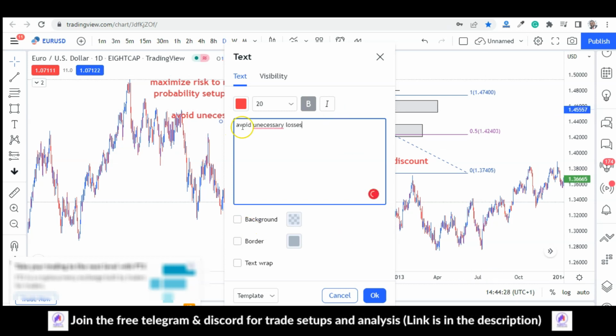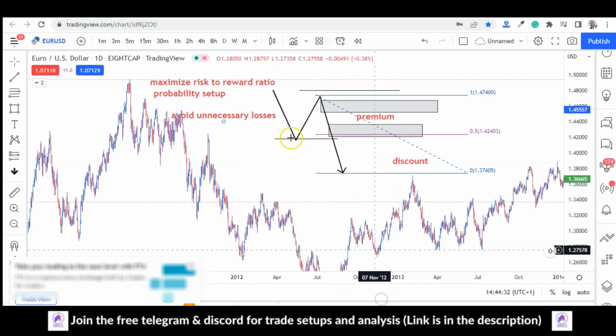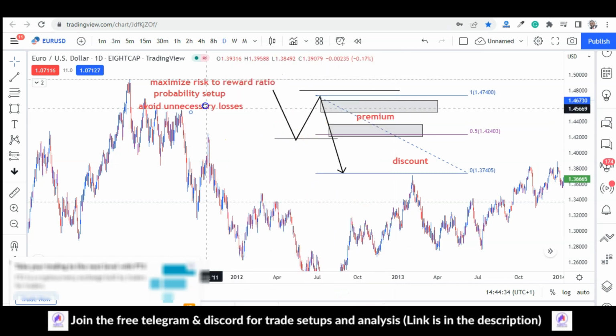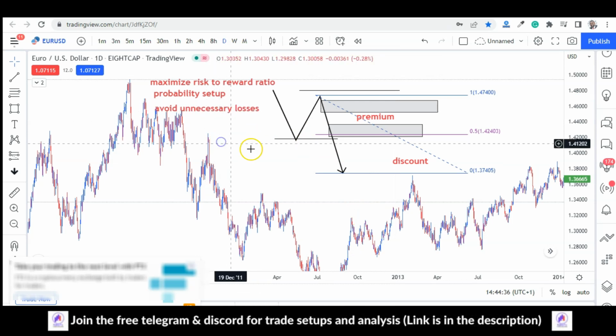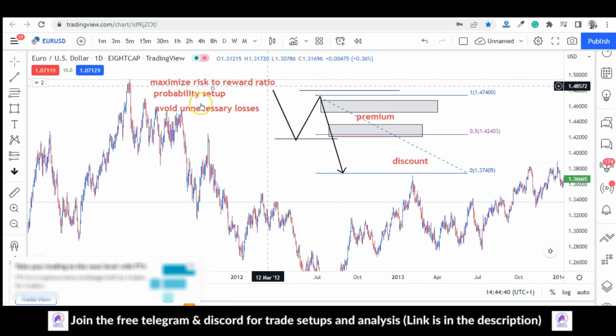Okay, avoid unnecessary losses. So this is what I use premium and discount for: to maximize my risk to reward, to know if it is a high probability setup or a low probability setup, and also to avoid unnecessary losses.